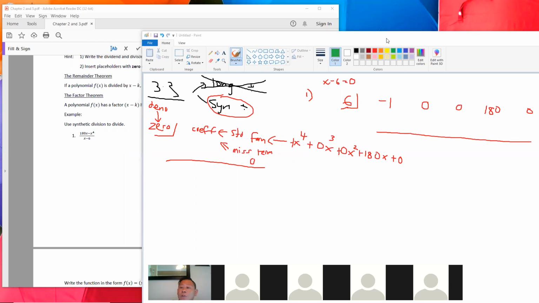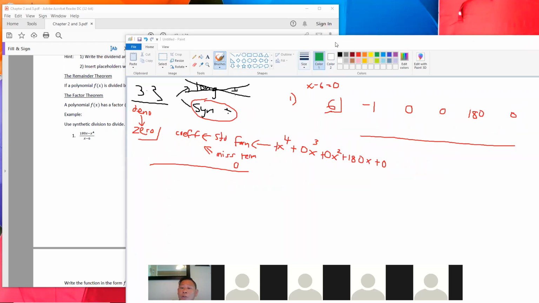When you do synthetic division, this -1 you bring down. Pay attention. To find the next number to put in, you multiply this 6 with the -1 and put -6. You always add these two together: 0 plus -6, you get -6. Repeat. Take 6 times -6, that is -36. Add them up: 0 plus -36 is -36.